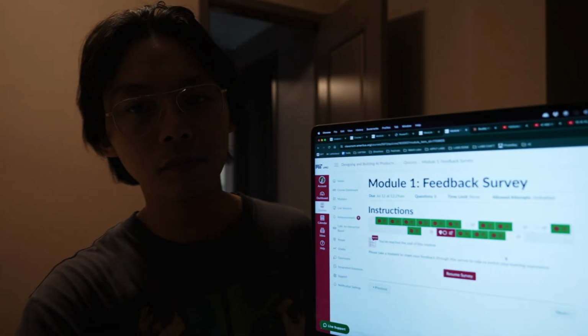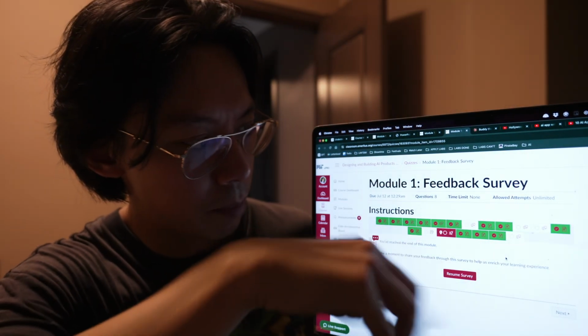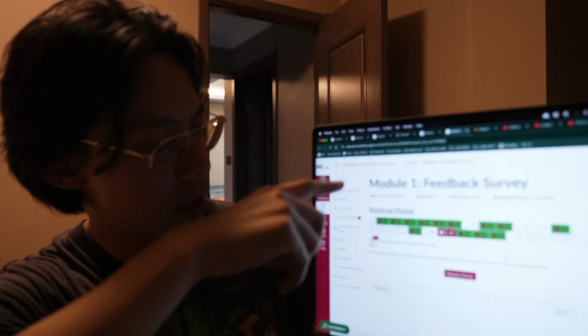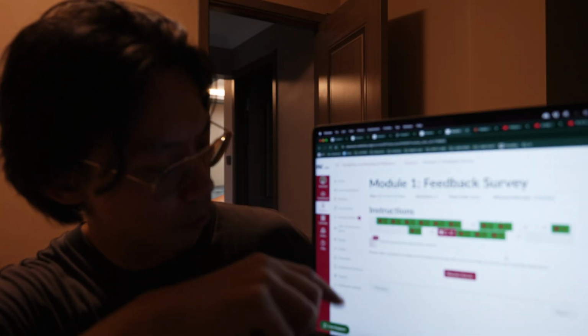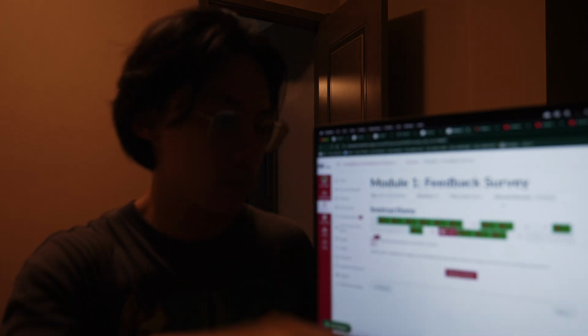Like all these sidebars, look at this. Some pages have this, some pages don't, and what are these? Honestly, it's so easy to make it easier and more clear.